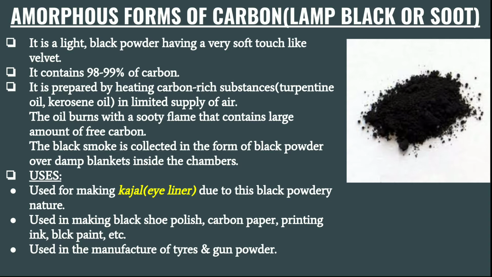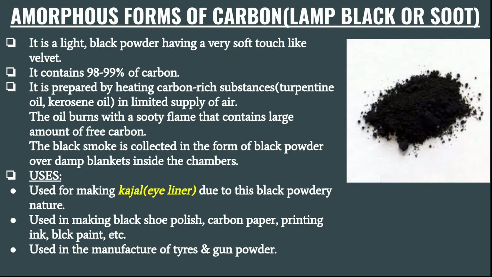It is prepared by heating carbon-rich substances like turpentine oil or kerosene oil in a limited supply of air. The oil burns with a sooty flame that contains a large amount of free carbon.